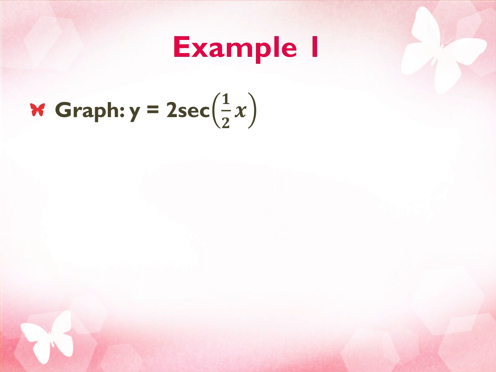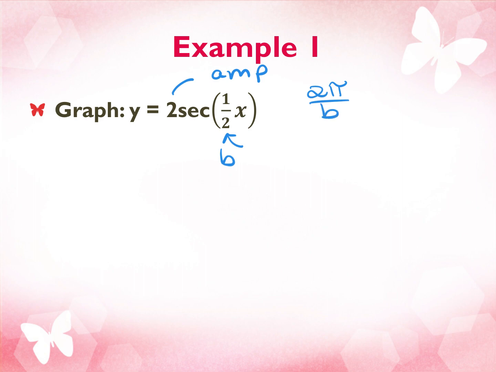So here's my first example. The 2, remember, when there's a number in front, this is your amplitude. Now this 1/2 here, this is going to be my b value. The normal cycle for sine, cosine, secant, and cosecant is going to be 2 pi. So remember, you take 2 pi, divide it by b.